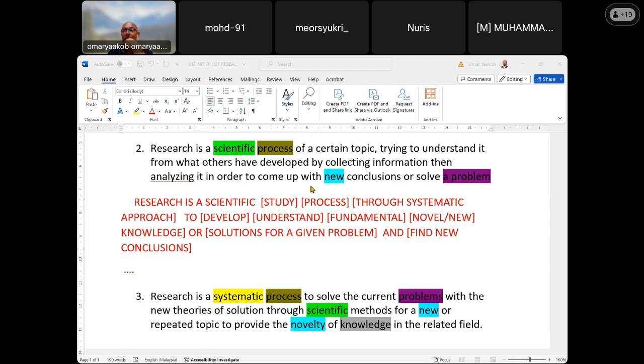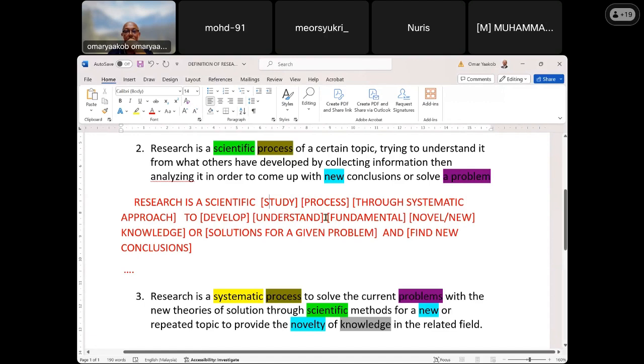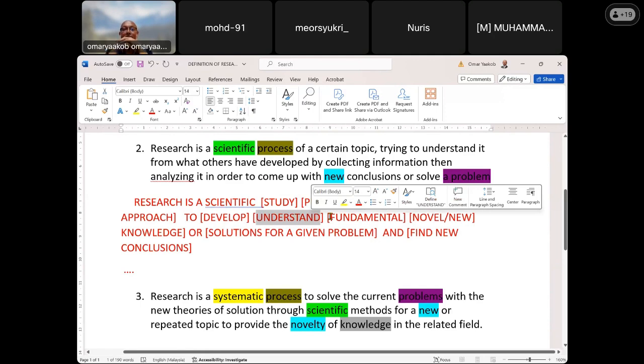Prof, I would like to suggest that we not remove the word understand, because there is some research that we do just to understand what is actually happening in real world phenomena, like when we do CFD to learn about the airflow behind an aircraft. There is some research done just to understand why a phenomenon happens like that.